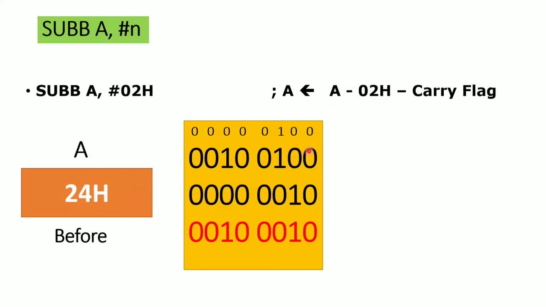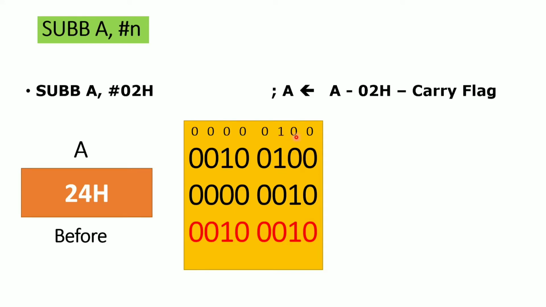You know the subtraction rule, right? You need to convert that first into binary. So 24 is converted into 0010 0100, and your 02 is converted into 0000 0010, right? Now you perform the subtraction. 0 minus 1, you cannot subtract from 0, right? That's why you require a borrow.